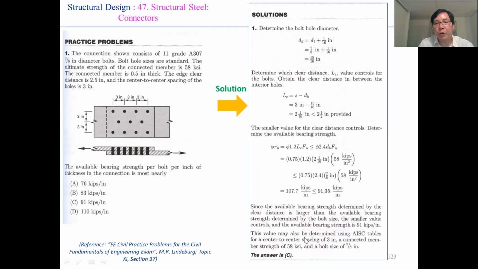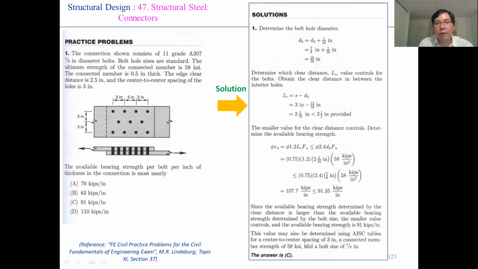This value may also be determined using the AISC table for a center to center spacing of 3 inch, a connected member strength of 58 ksi, and bolt size of 7/8 inch.